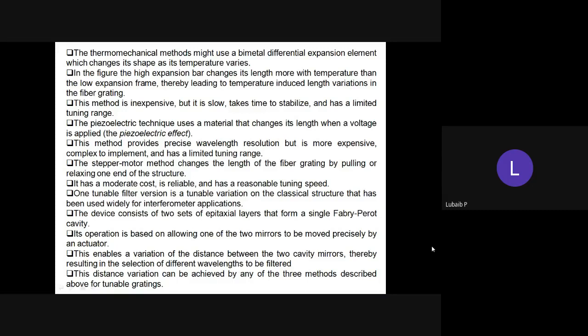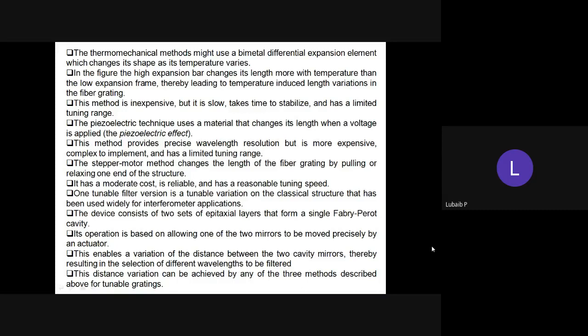This method provides a precise wavelength resolution, but is more expensive and complex to implement. It has a limited tuning range. That is, this material can change its length when a voltage is applied, as per the piezoelectric effect. As per the piezoelectric effect, while we apply an electric field or voltage, the length may change.